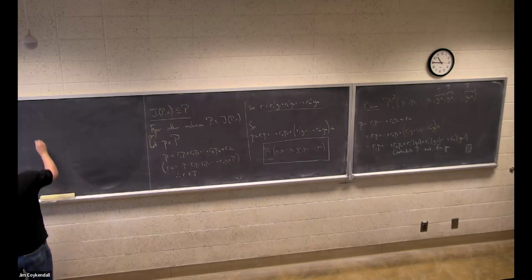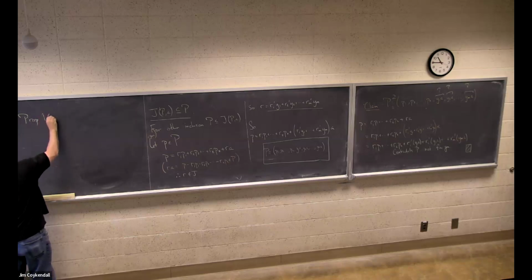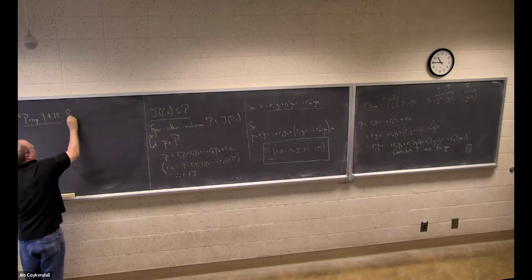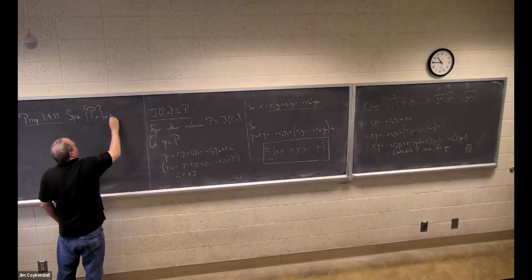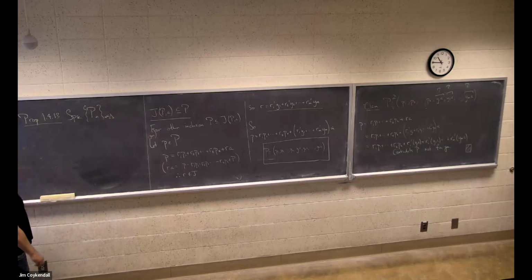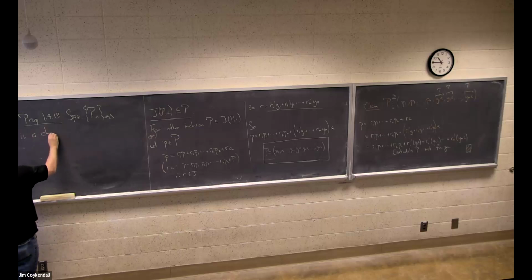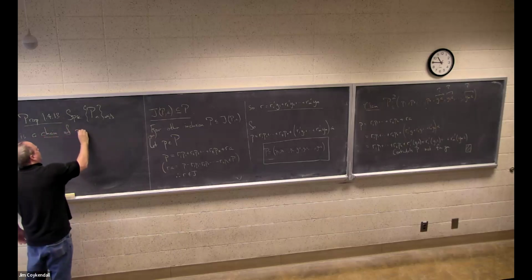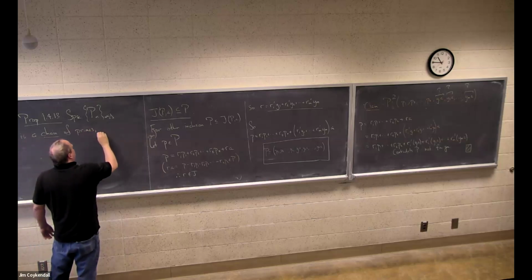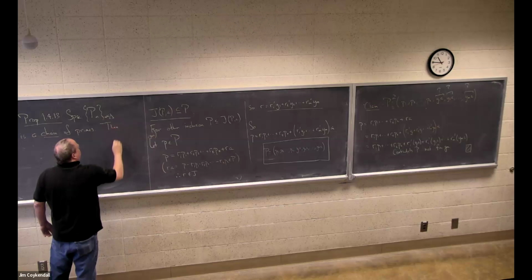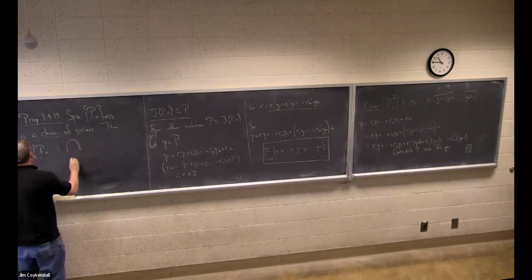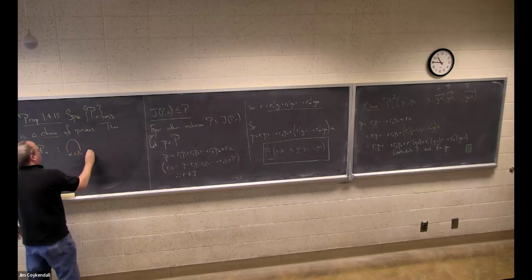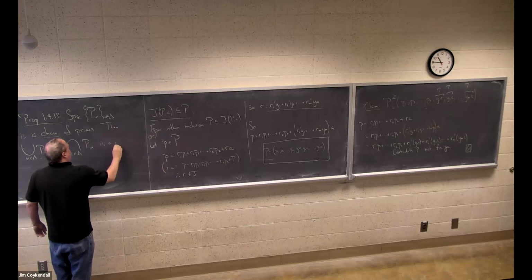So here is the next result. Proposition 14.13. Suppose P alpha, over some index set, is a chain of primes. Then the union and the intersection is a prime.